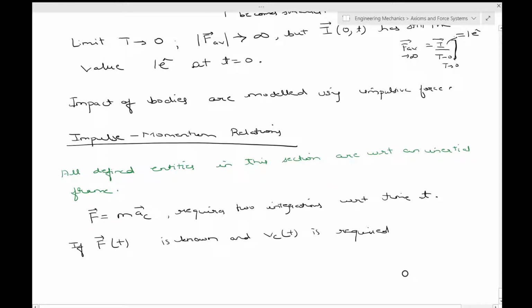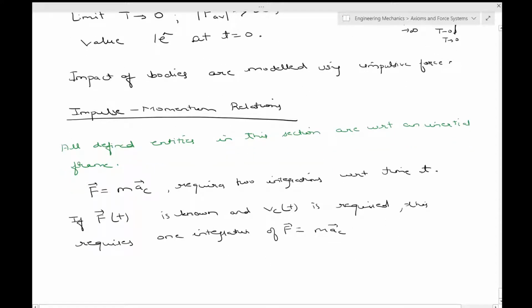So this requires one integration of F equal to MAC. So let's see how the impulse momentum relation will be useful in this pursuit of finding Vc, which is the velocity of the center of mass.